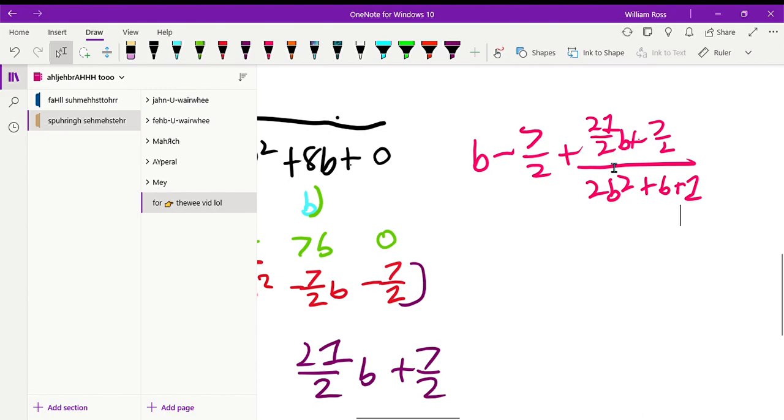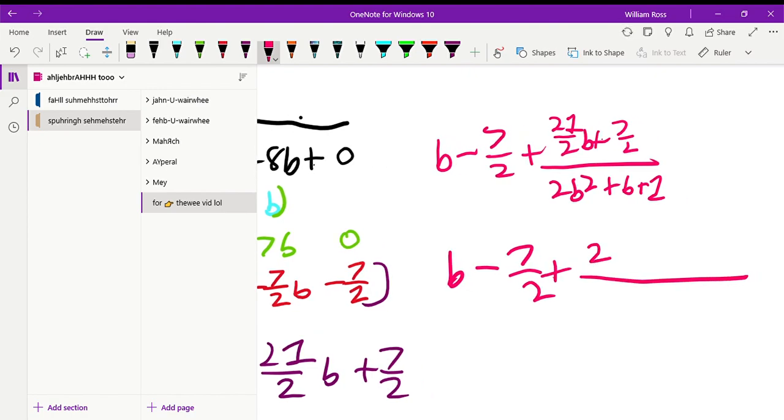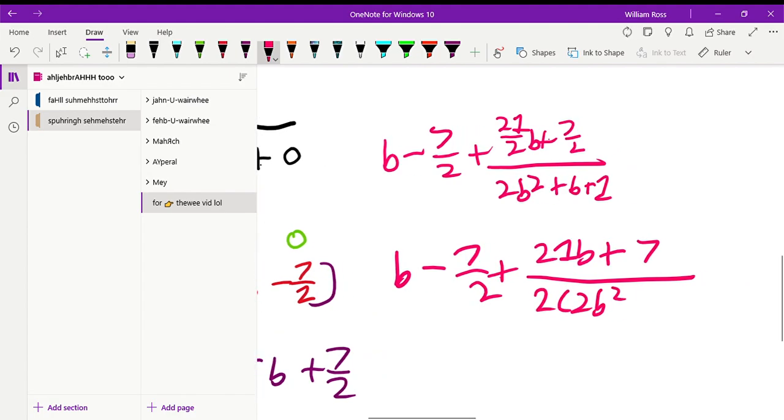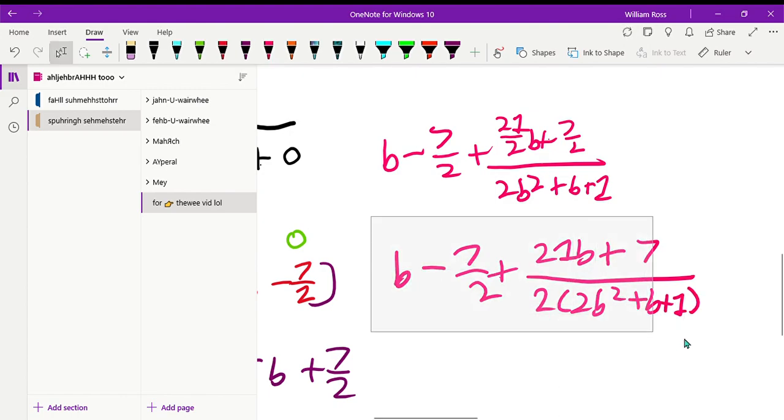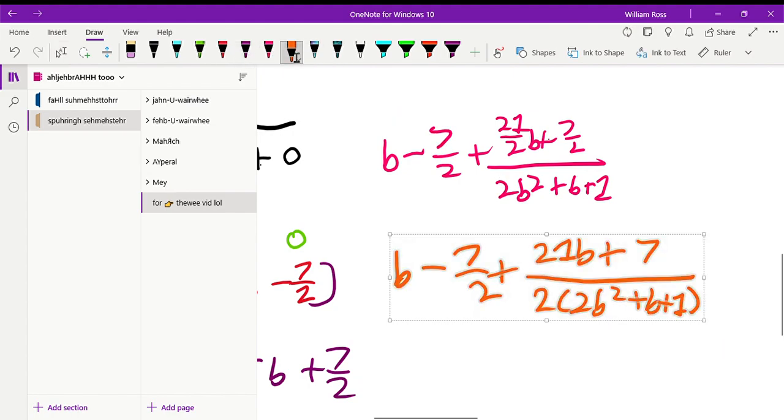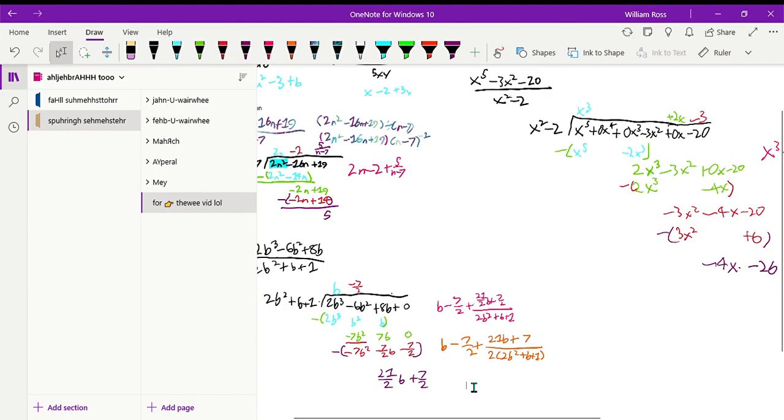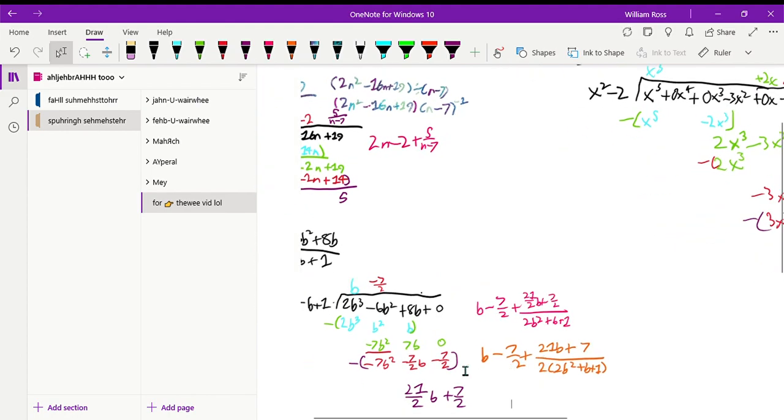We can also simplify this a bit even further, and it will become 21b plus 7 over 2 times 2b squared plus b plus 1. Let me just change it to a different color. There we go. And that is our final answer, the real final answer.